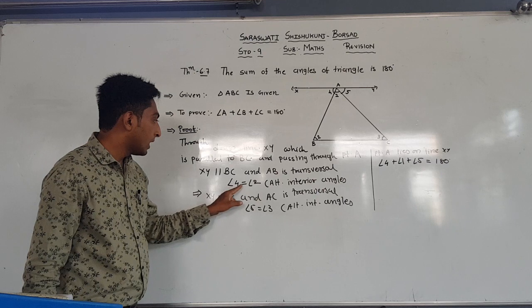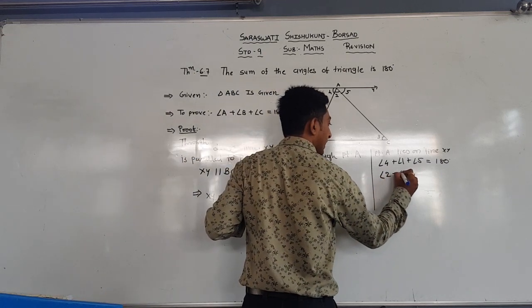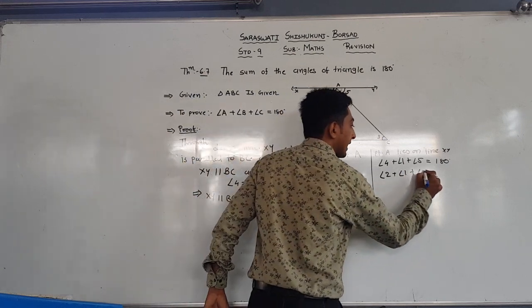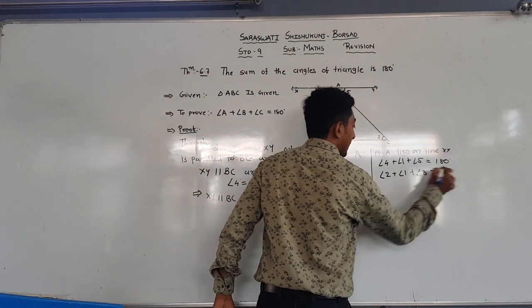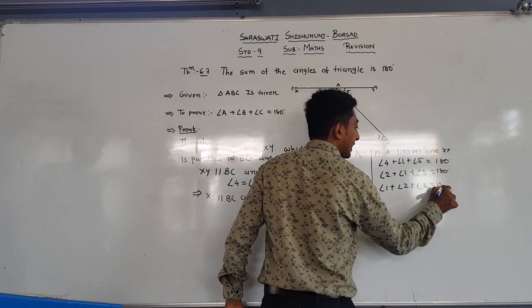But we know that angle 4 equal to angle 2, so substitute angle 2, angle 1 as it is. And angle 5 is equal to angle 3, so angle 3 equal to 180 degrees. Now I can write angle 1 plus angle 2 plus angle 3 equal to 180 degrees.